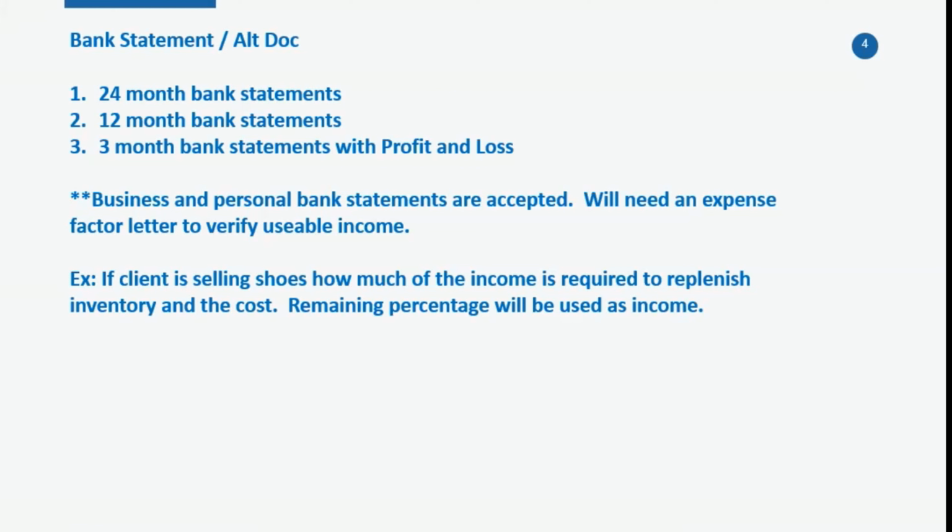So 24-month bank statements, they can be commingled. If a client is doing 12 months of their personal, 12 months of a business bank statement, totaling 24 months, I'm going to explain to you why I've seen scenarios like that, okay?